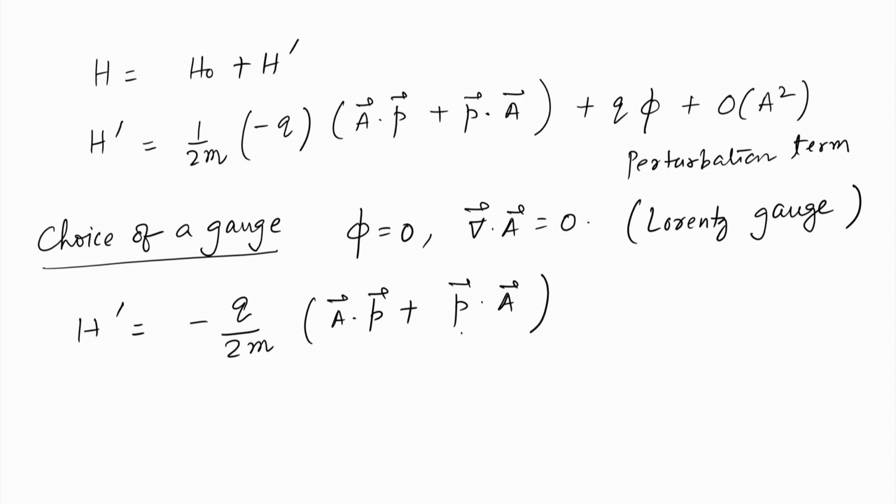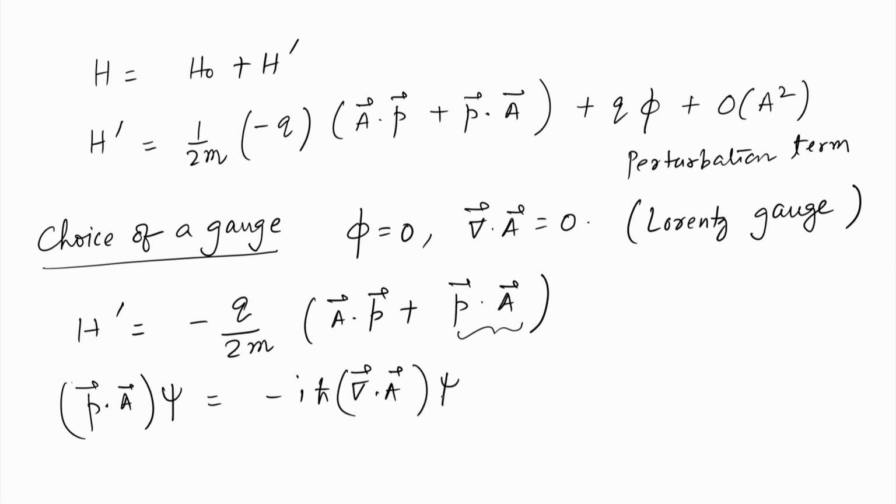And let us take the second term and apply it to a wave function, as if the perturbation term acts on a wave function, which is equal to minus i h cross del dot (A psi).